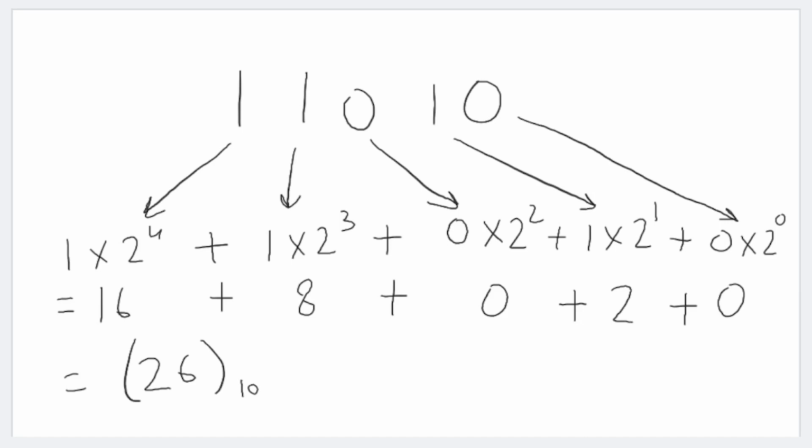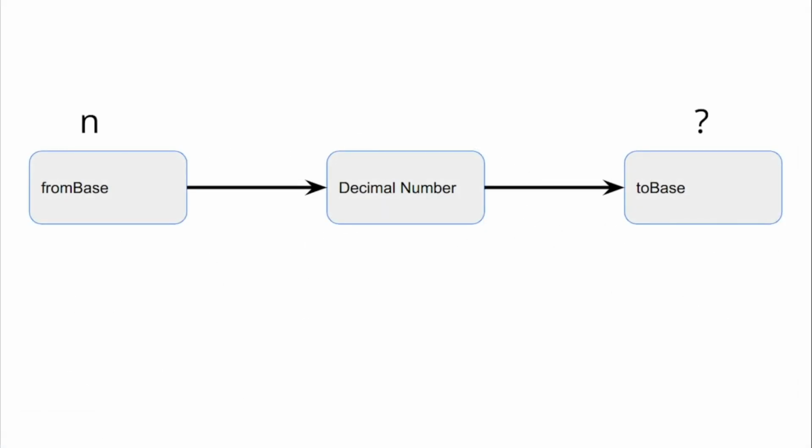Let us see how we can translate this into code. But before that, I would like to stress on one more important point. And that important point is that when we convert the integer n from base to the target base, we have to go through via the decimal route.